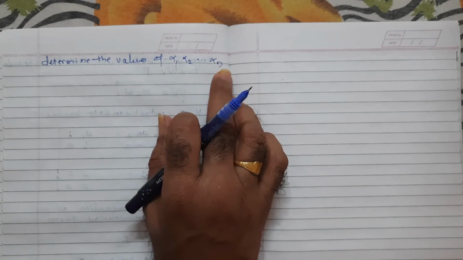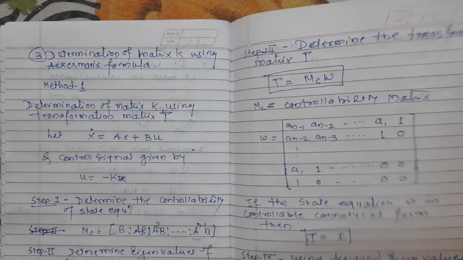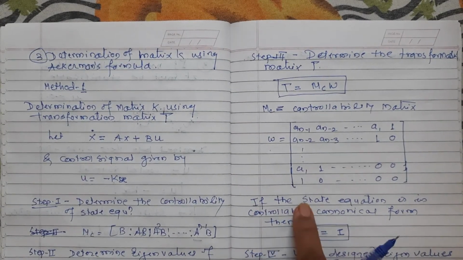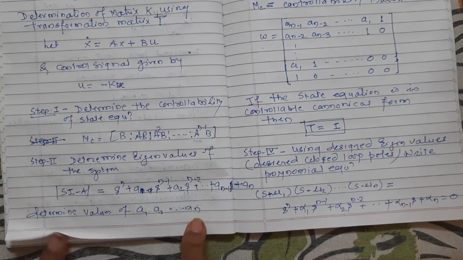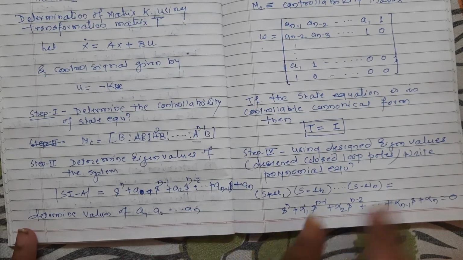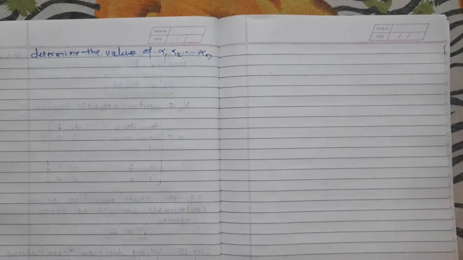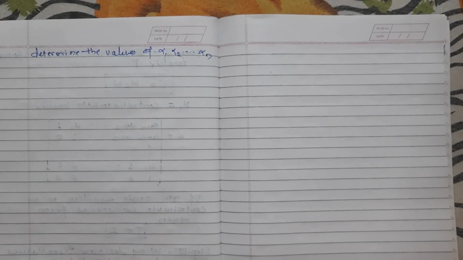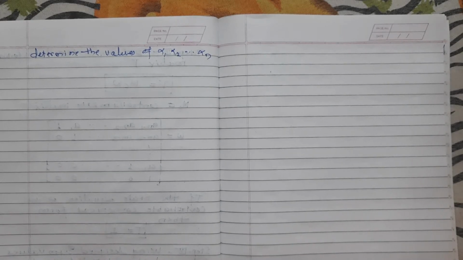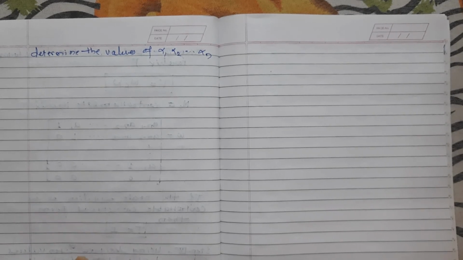Once we know alpha 1 to alpha n, and a1 to an, we will get a1 to an from the determinant of sI minus A. So this a1, a2 up to an, we will take these values. We will use these two sets of values, a1 to an and alpha 1 to alpha n, to determine the state feedback matrix, that is K.